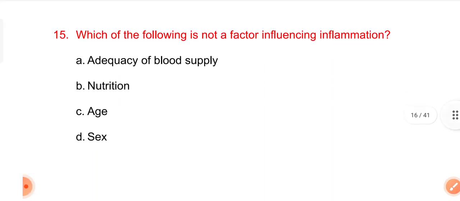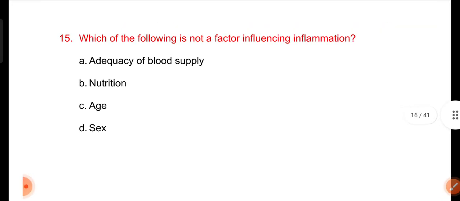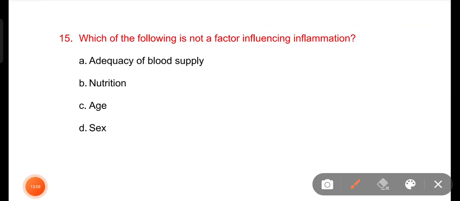The next question is: which of the following is not a factor influencing inflammation? The options are: A, adequacy of blood supply; B, nutrition; C, age; D, sex. The right option is D, sex.